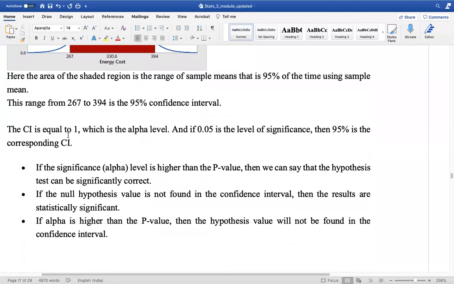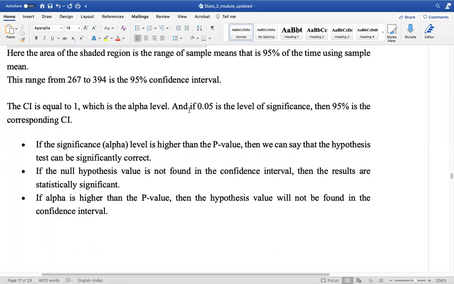Okay. So the confidence level is 1 minus alpha, where alpha is the significance level. The maximum value is 1 actually, and if 0.05 is the level of significance, that means 95% confidence level.